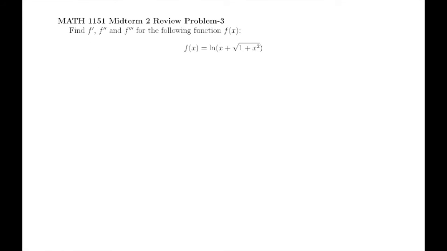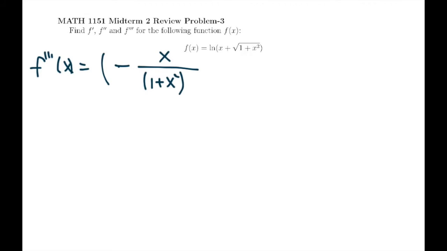And f triple prime is equal to the derivative of the double prime, that is what we found earlier, negative x over 1 plus x squared to the power of 3/2 prime.